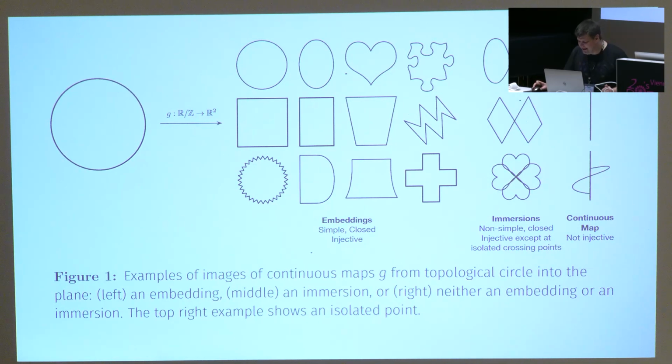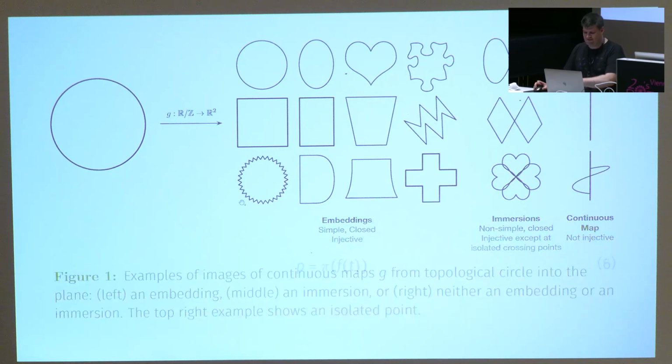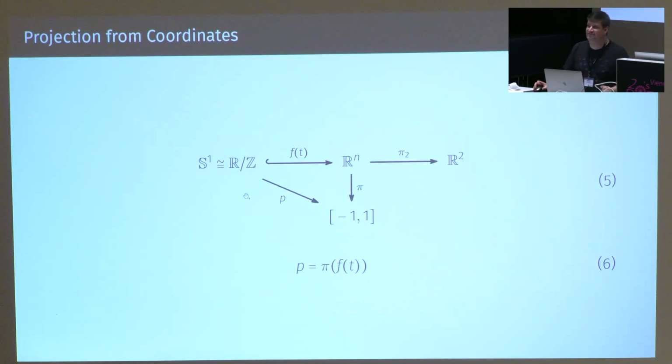Let me actually skip this part for now, and we might come back later if there's time. So the way we're thinking about this, often it's convenient to have some reference, to not think of abstract phases on some abstract circle that doesn't have any other existence, but give us some sort of visual representation that we can play with. So we're going to take this topological circle, and we allow ourselves to lift it up in some higher dimensional space.